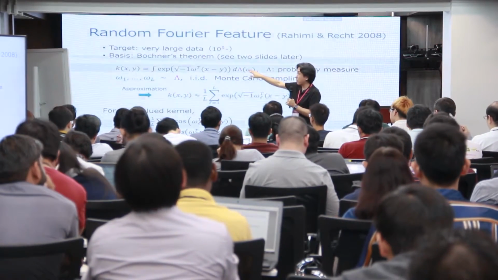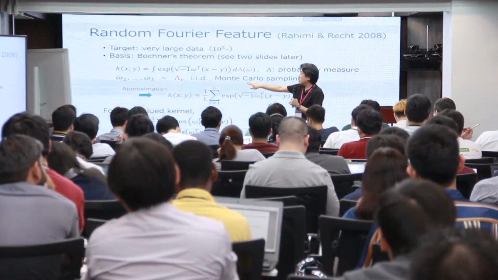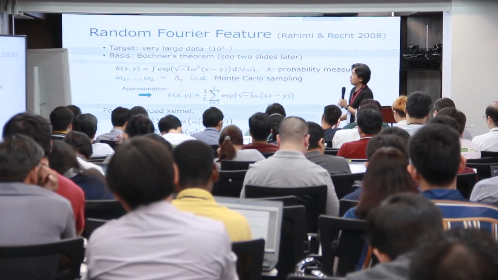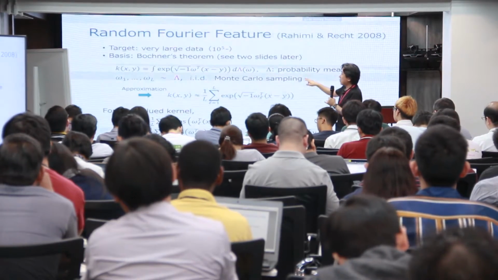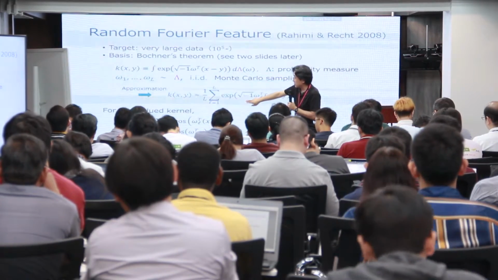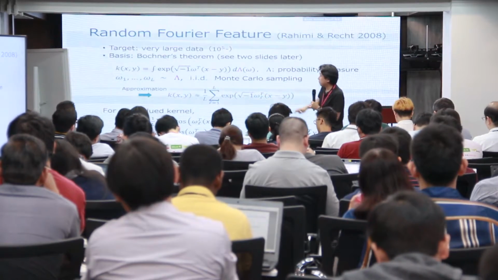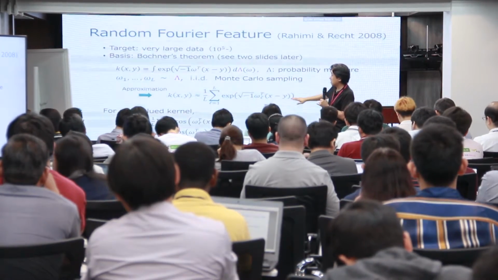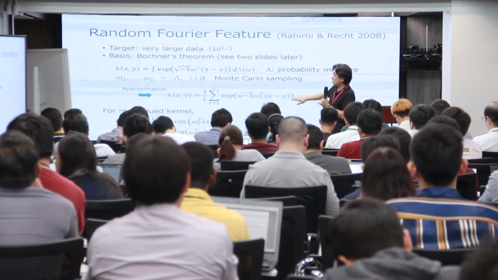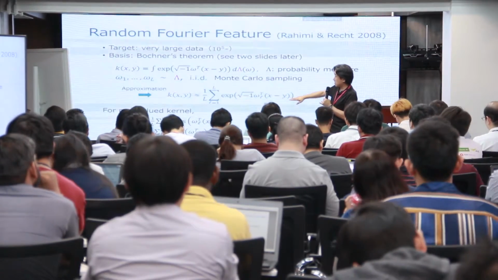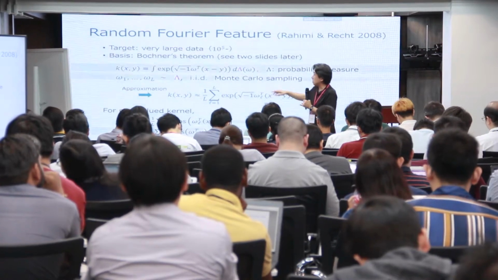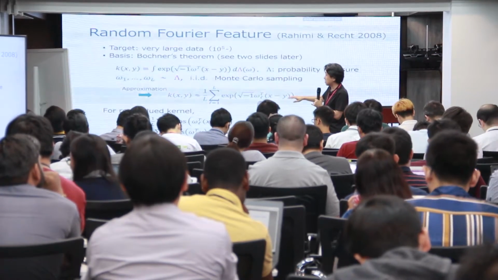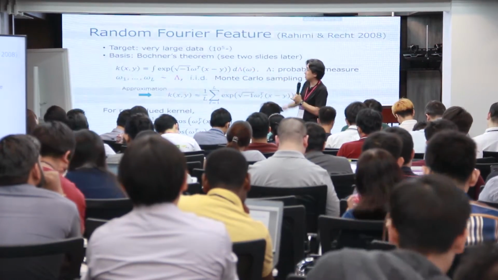This is the frequency domain. By Monte Carlo sampling, we can take IID samples from the Gaussian distribution and approximate this integral in terms of a Riemann sum. And there is a law of large numbers guarantee that if L goes to very large, this value approaches this integral.